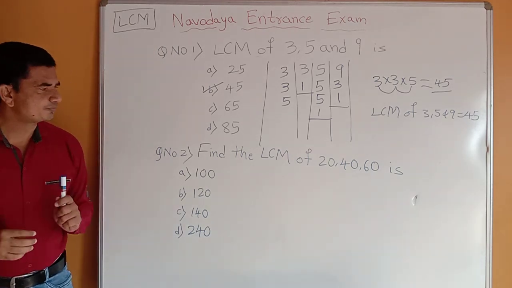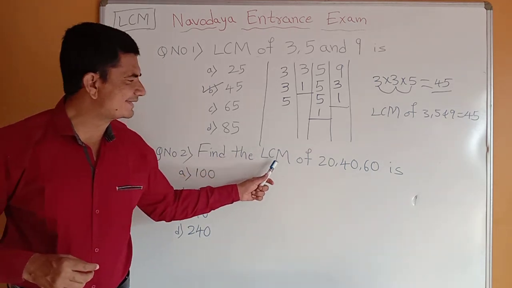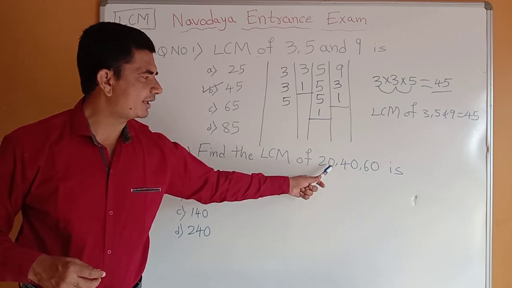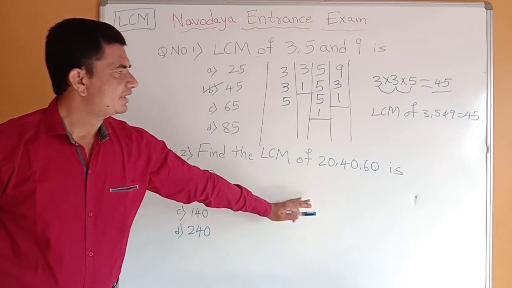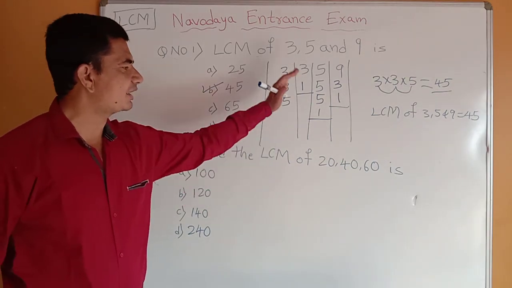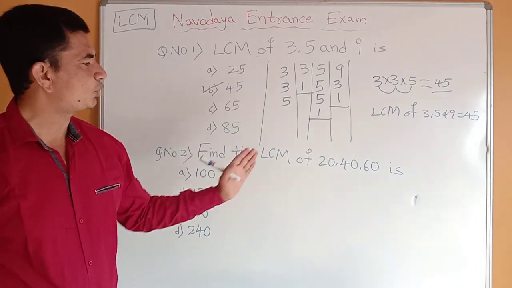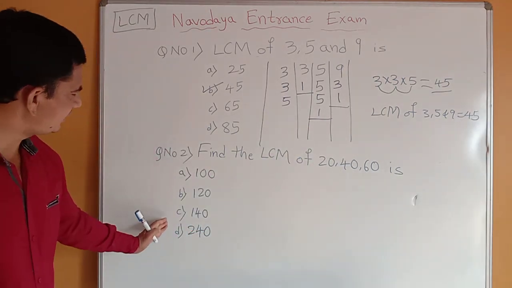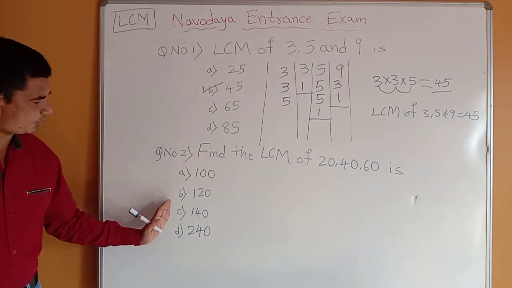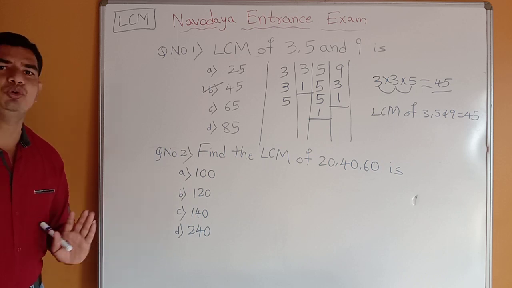Question number 2. Find the LCM of 20, 40 and 60. Here little bigger numbers are there: 20, 40, 60. And they have given the options 100, 120, 140 and 240.